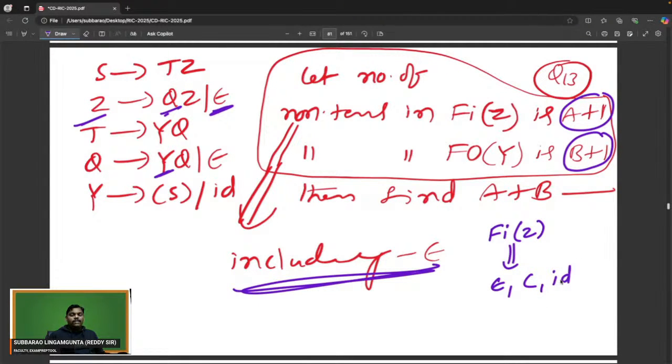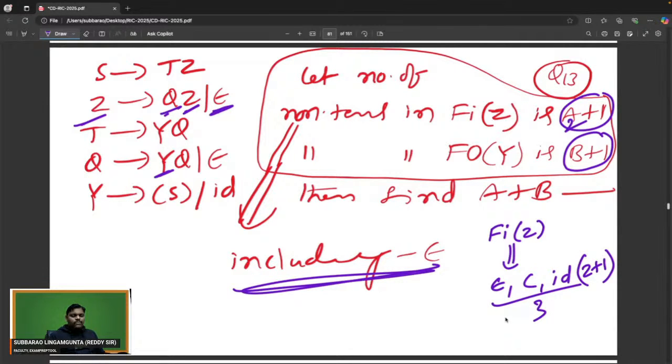First of Z is first of Q, and first of Q is first of Y, which is open bracket, ID. But remember, first of Q contains epsilon also. If epsilon is there, you have to go on to the next symbol also. First of Z calling first of Z is of no use. So finally, first of Z is epsilon, open bracket, ID. This can be written as 2 plus 1, so A value is 2.